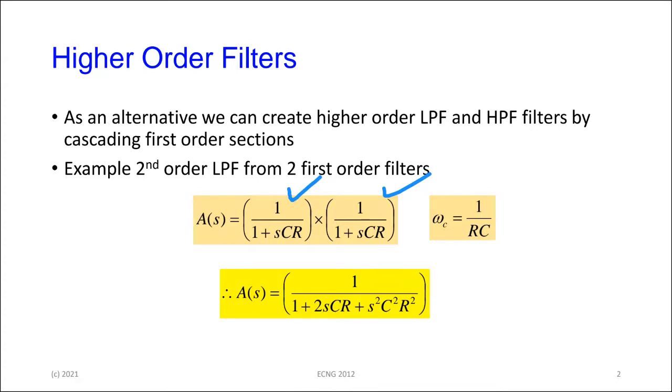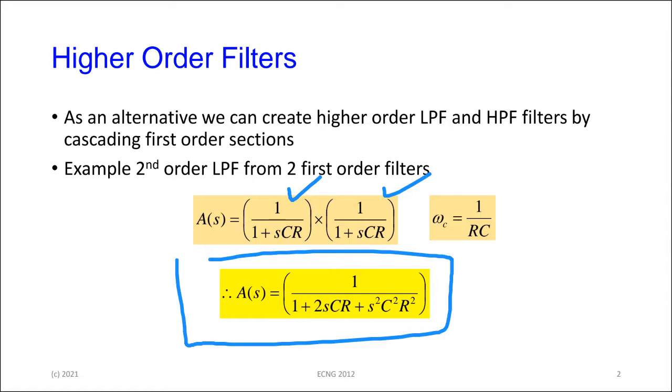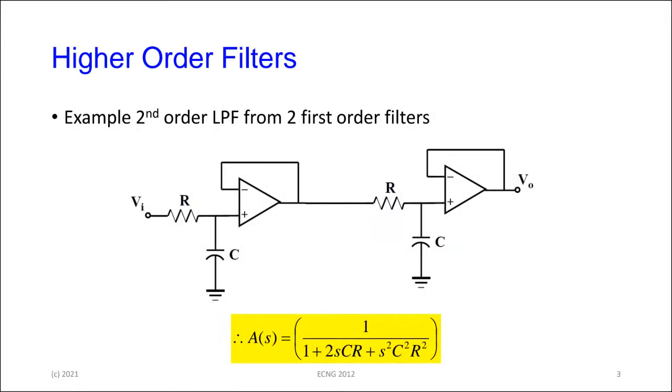So one signal is going to pass through one filter, and then it's going to pass through it again. You combine the two transfer functions, and simple algebra gives us the overall transfer function, and back to the second order function, you have s squared in it. So we have the second order behavior here. And the circuit arrangement is like this: you have a low pass, and then you're cascading it straight into another low pass.